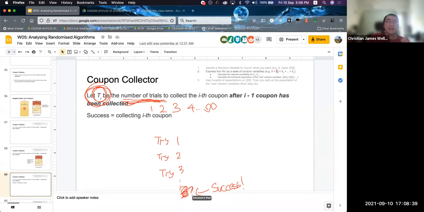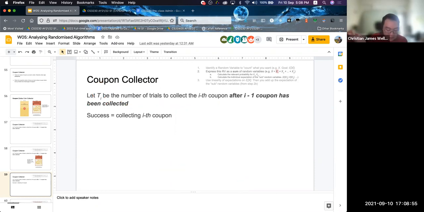This is the behavior of the random variable, what we are doing to count this Ti. This is a geometric distribution: try until you succeed. So if you come across something like try until you succeed, chances are it is geometric distribution.